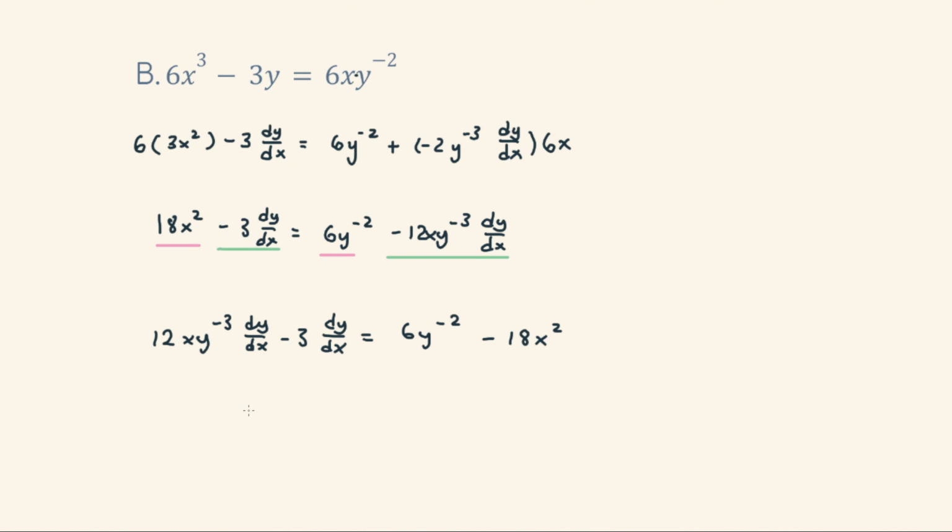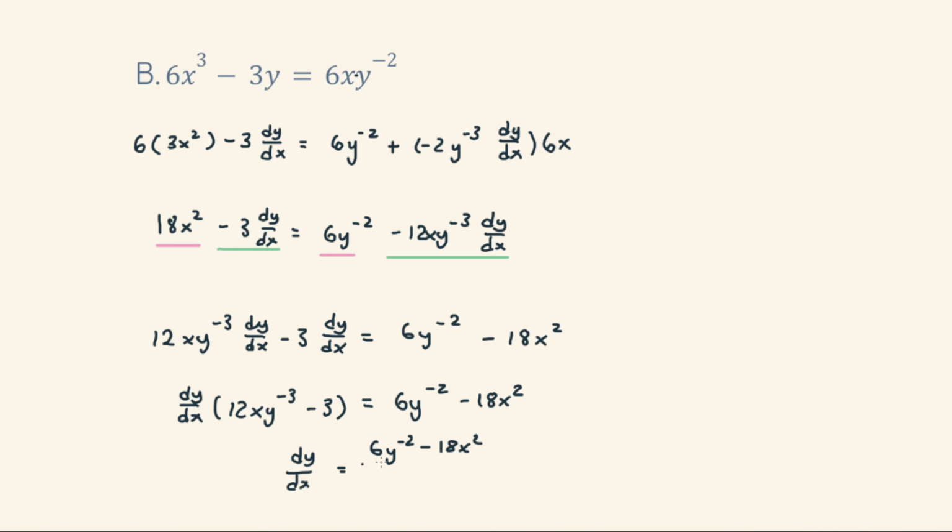Now I'm going to factor out a dy over dx. So dy over dx times 12xy to the minus 3 minus 3 is equal to 6y to the minus 2 minus 18x squared. And now I'm going to divide both sides by the bit in the brackets. So I'm going to get 6y to the minus 2 minus 18x squared, all divided by 12xy to the minus 3 minus 3.